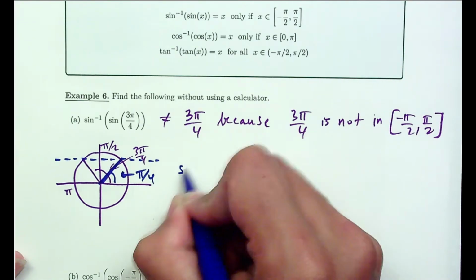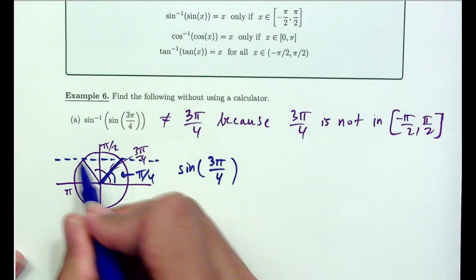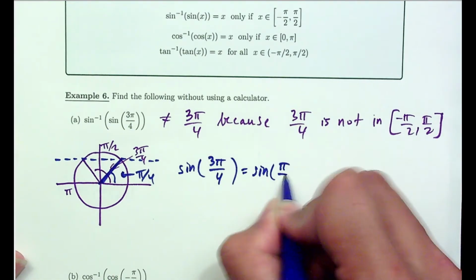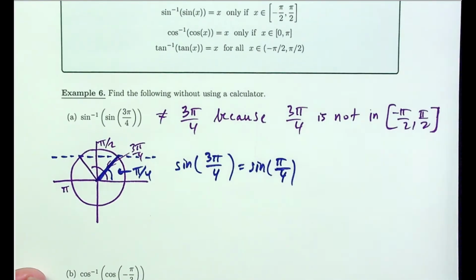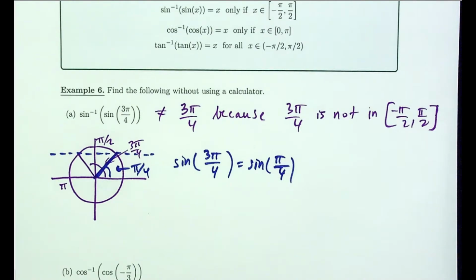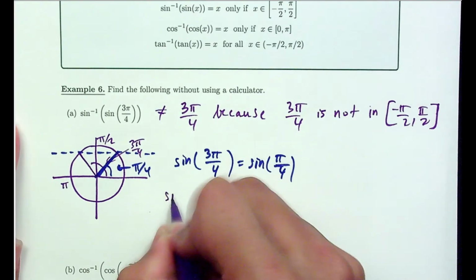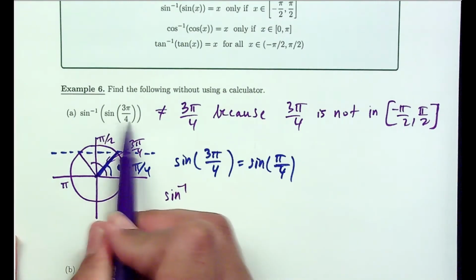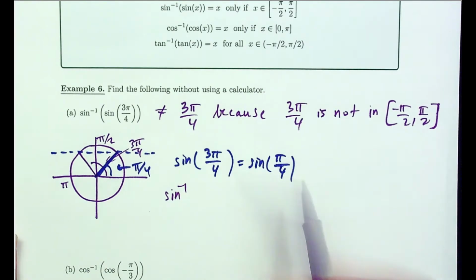In other words, sine of 3 pi over 4 is the same as sine of pi over 4. And that helps a lot, because I can replace sine of 3 pi over 4 with sine of pi over 4, since it's exactly the same thing.